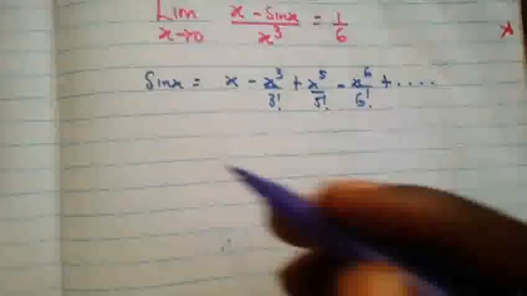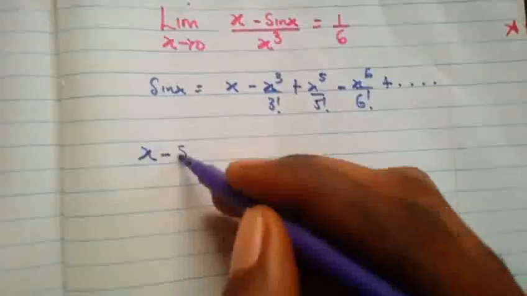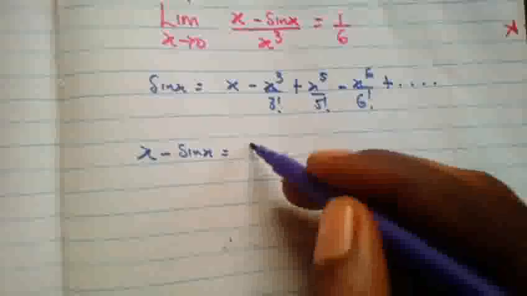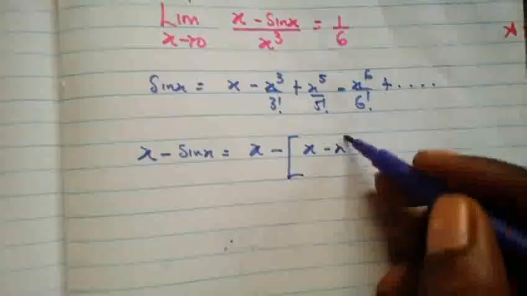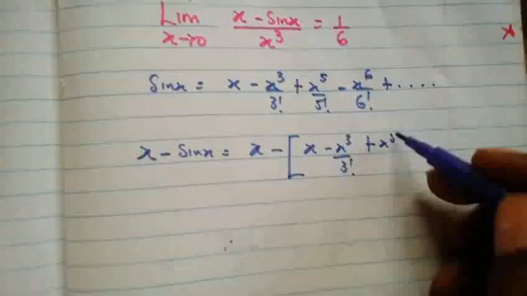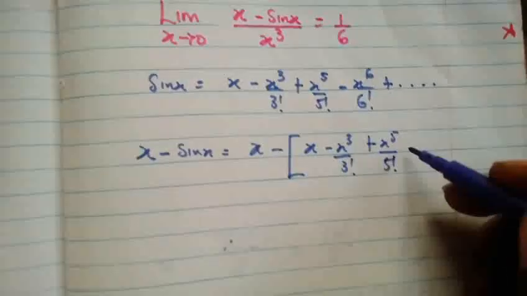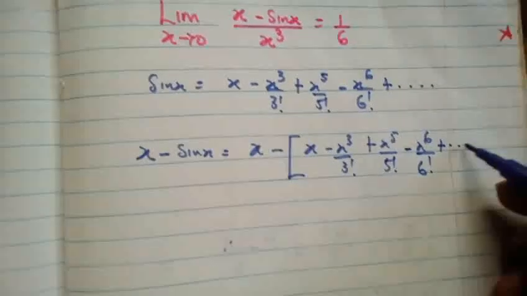Okay, now from here we have x minus the sine function of x to be equal to x minus, in bracket, x minus x cubed all over 3 factorial plus x raised to the power 5 all over 5 factorial minus x raised to the power 6 all over 6 factorial plus, and so on.